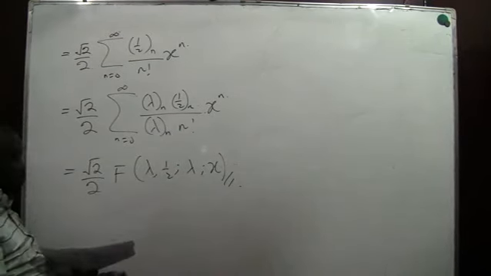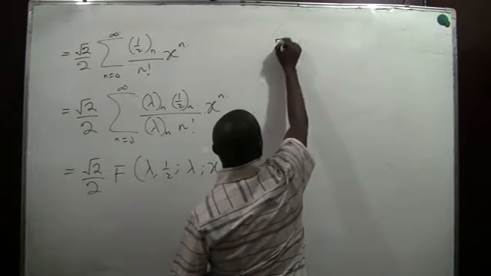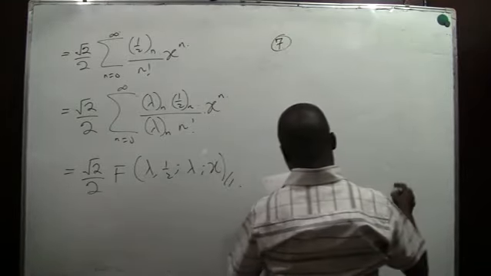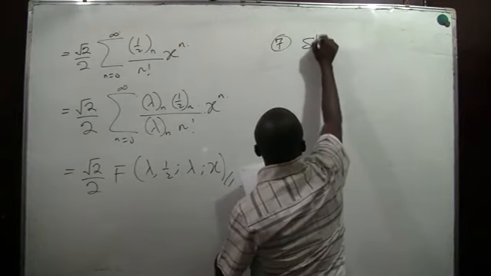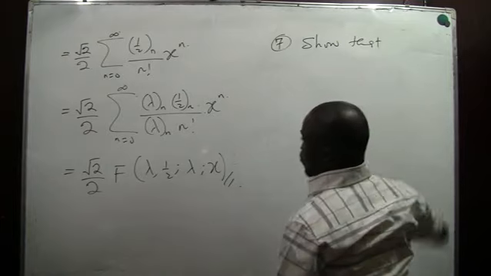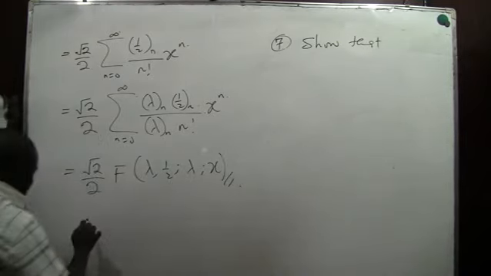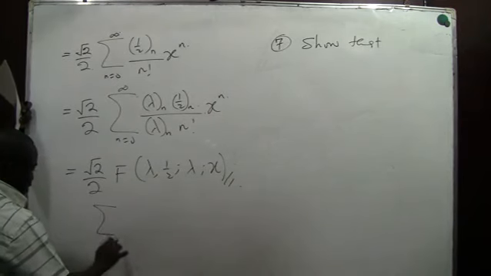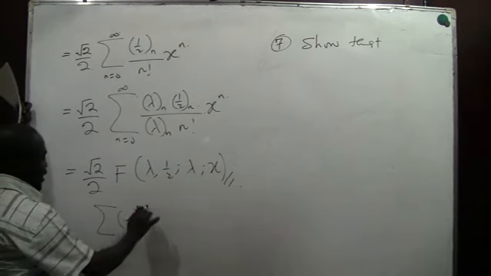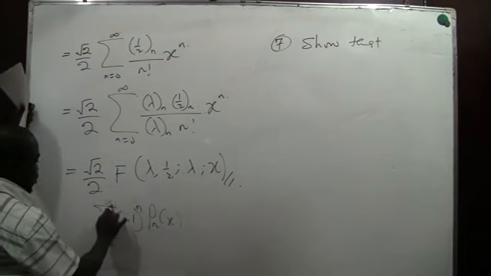Question 7. Before question 7, suppose the question is the summation of minus 1 raised to power n Pn of x, n from 0 to infinity.